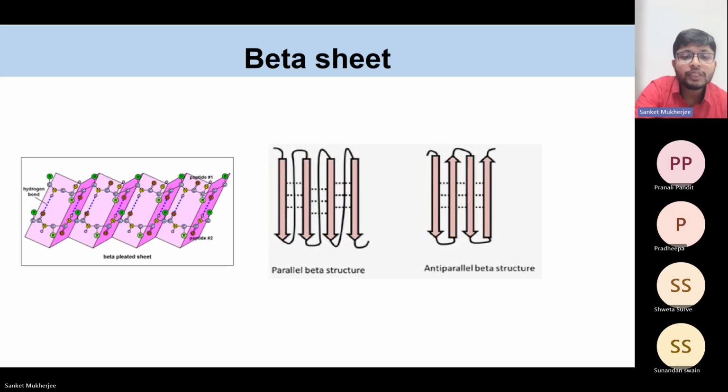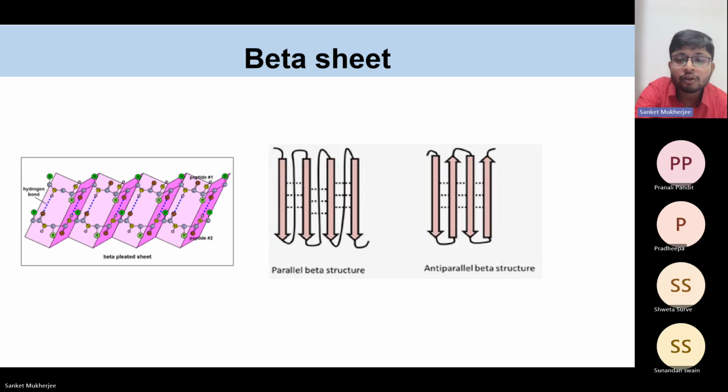Then we'll talk about beta sheets. Beta sheets are linear structures. If there are two or more adjacent beta sheets together, then we call them beta pleated sheets. As you can see on the left hand side, this is a beta pleated sheet. Now, these sheets could be parallel in nature, meaning that all of them are in the N to C conformation.